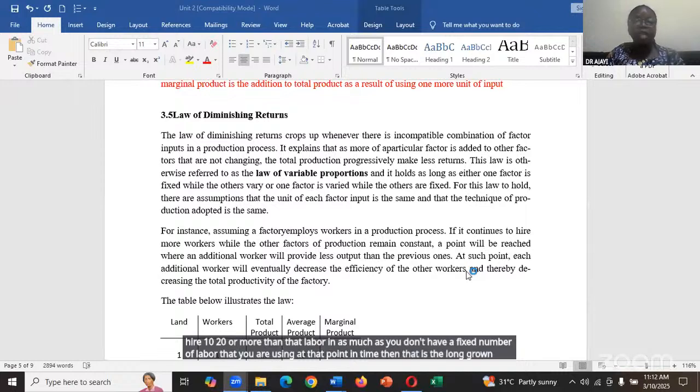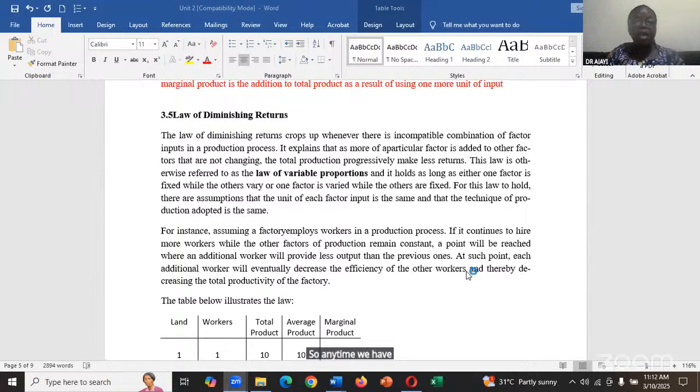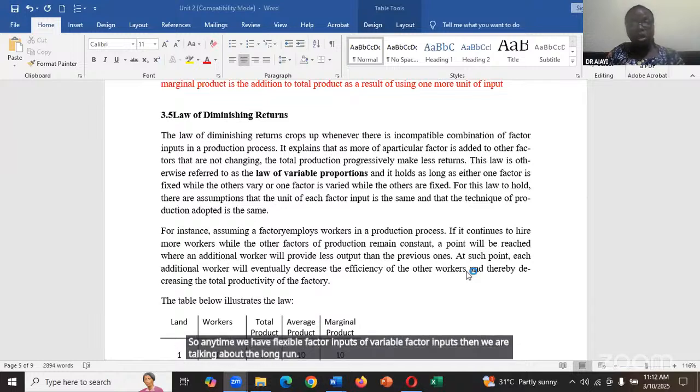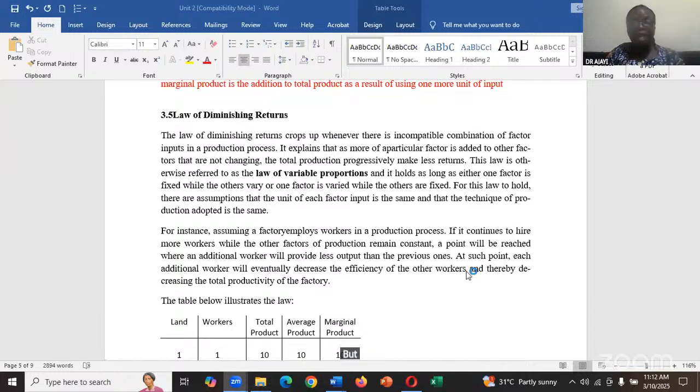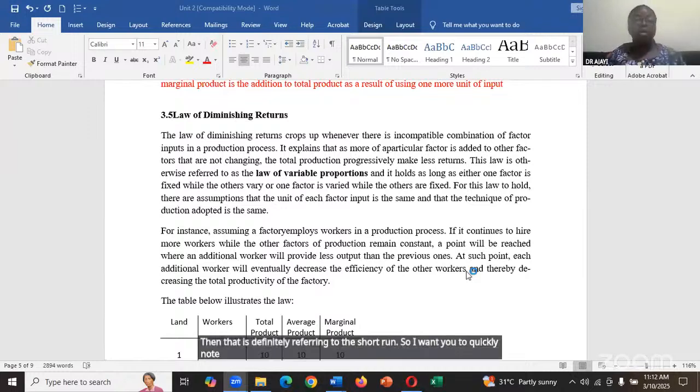So anytime we have flexible factor inputs or variable factor inputs, then we are talking about the long run. But once you have any of those factor inputs that is not varied, then that is definitely referring to the short run. So I want you to quickly note this question down now.